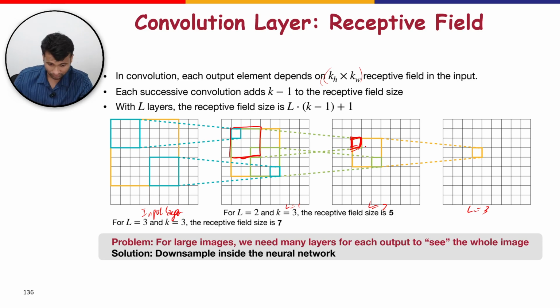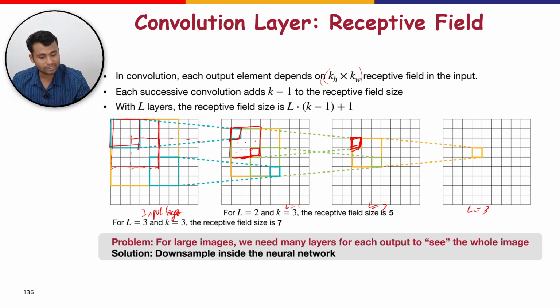Now in turn, each pixel from here is again coming from a 3 cross 3 pixel block here, but together, how many pixels are formed? This pixel is coming from this 3 cross 3 box, right? So together, 5 pixels. So a single pixel here is affected by 5 pixels here.